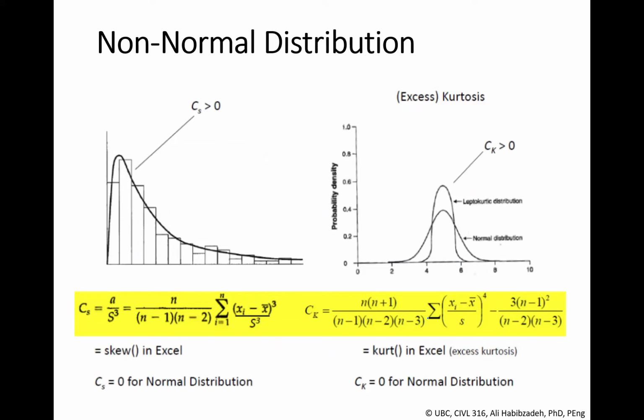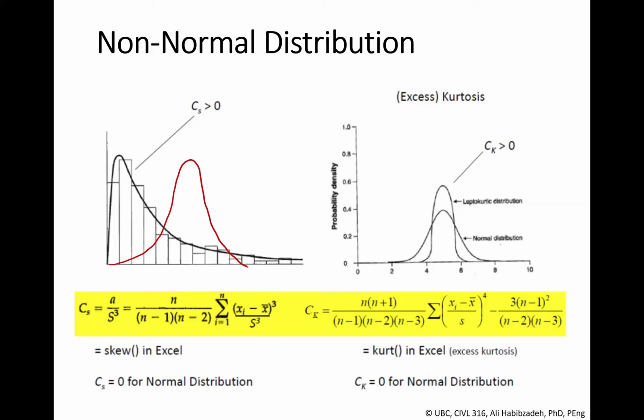So the shape of the PDF, the probability density function, can have different shapes. One of them is what we call the skewness of the graph. So what does that mean? It means if you remember the normal distribution looks like this, so it's basically symmetrical, goes up and then comes back down.